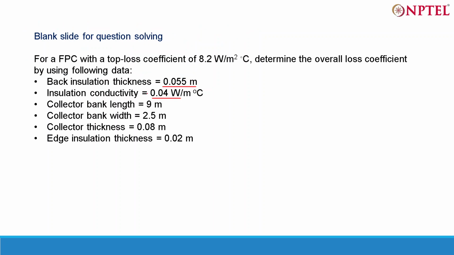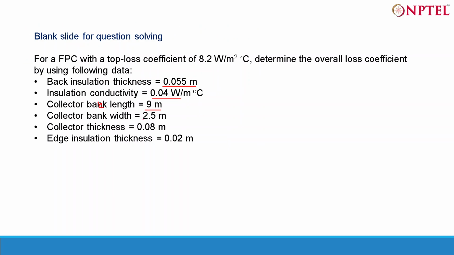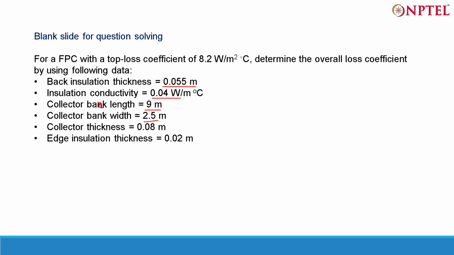L1 is basically the collector back length, so it's written back. So 9 plus the value of L2, which is width, 2.5. How much is the value of H? The value of H is given, that is the collector thickness.